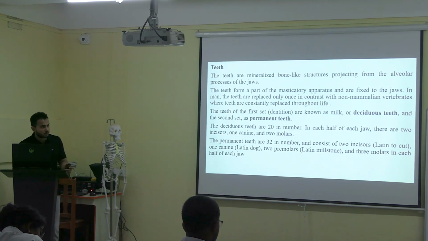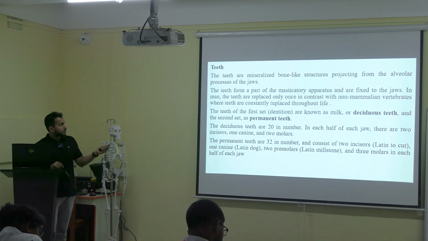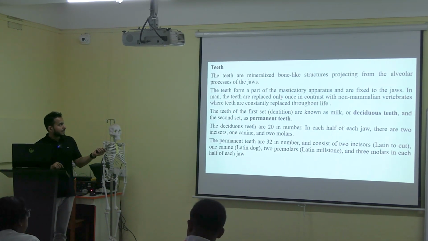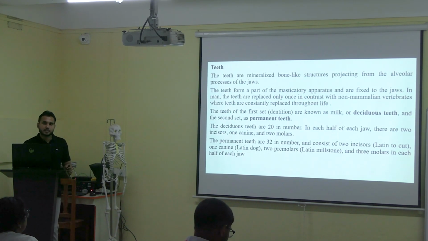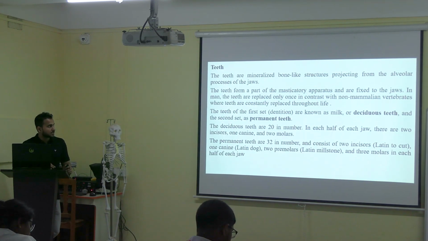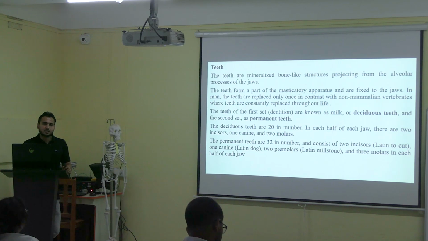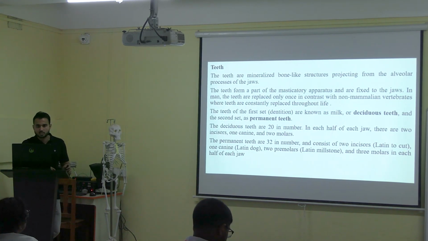Now in case of human beings, the teeth are replaced only once after birth, but in case of other animals, lower vertebrates, they keep on changing. Just after birth, the teeth which you can see are called milk teeth or deciduous teeth.